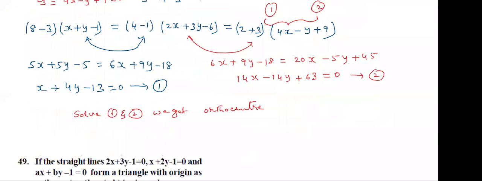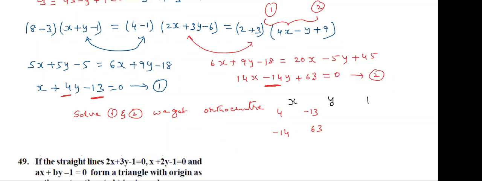So I am going to write x, y, constant. Starting with x, don't write x coordinates, write y coordinates. Y here 4, here minus 14. Next constant, minus 13. Here constant 63.